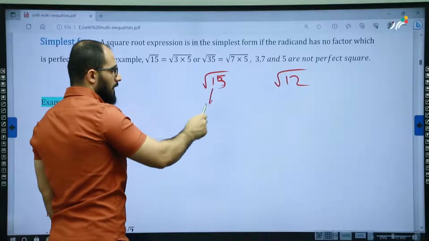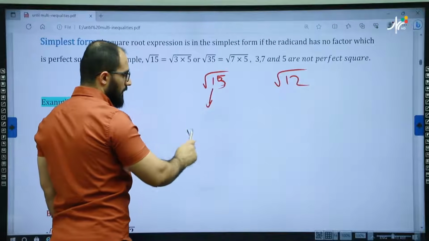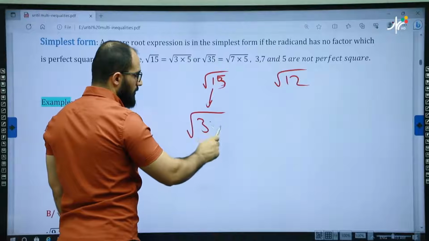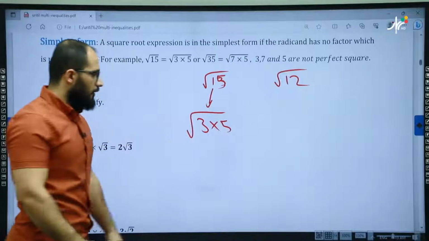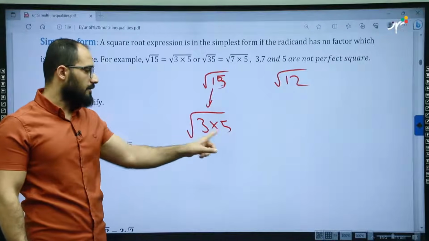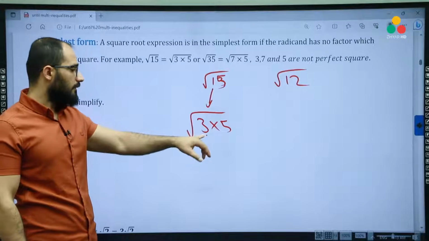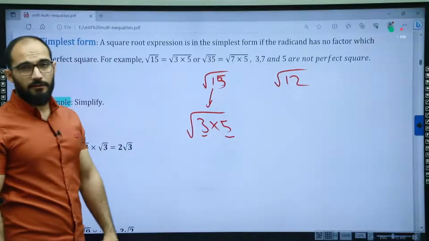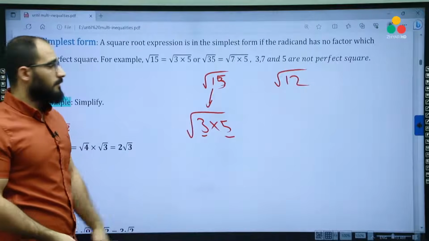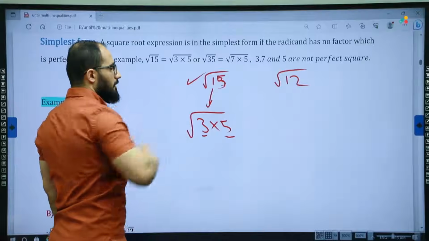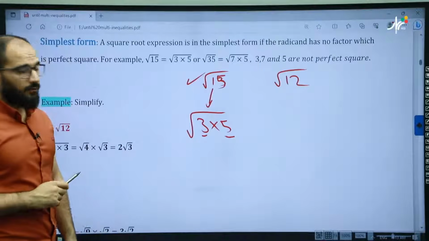For 15, if you want to write the factors of 15, it's going to be 3 times 5. You can see that none of the factors is a perfect square. 3 is not a perfect square. 5 is not a perfect square. Then you cannot simplify it. So the square root of 15 is in the simplest form.